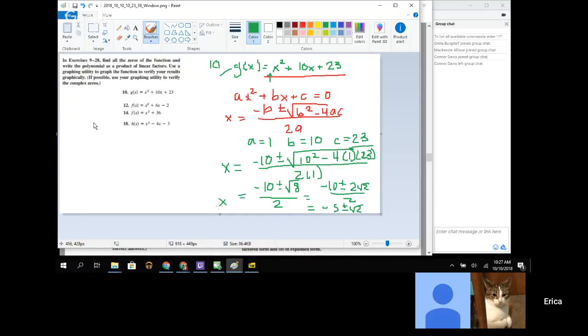Now, how do I write that as a factor? So I could say that g of x equals, two things here, x minus negative, oh, I ran out of room. Sorry.